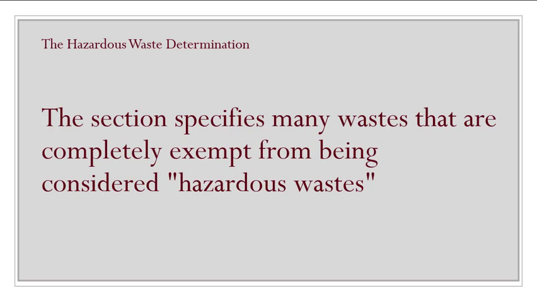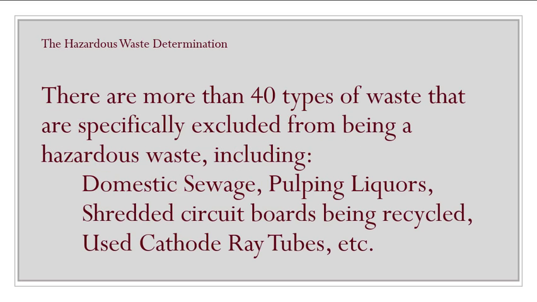This section specifies many wastes that are completely exempt from being considered hazardous wastes. There are more than 40 types of waste that are specifically excluded from being hazardous waste, including domestic sewage, pulping liquors, shredded circuit boards being recycled, used cathode ray tubes, etc. They go on and on and on.